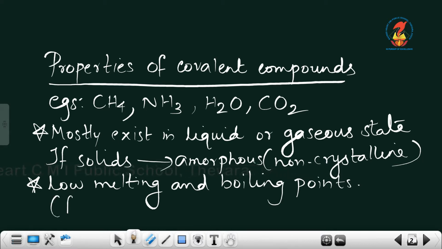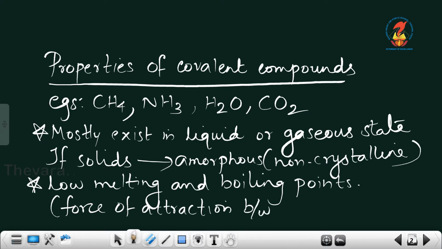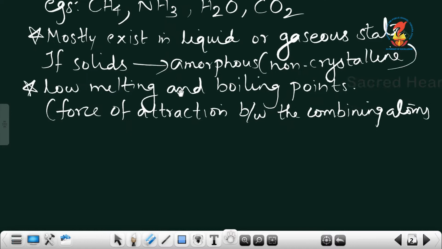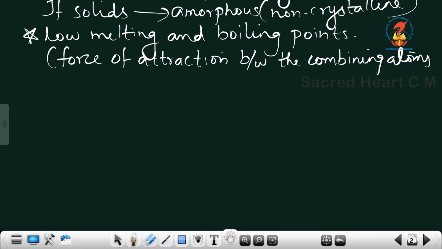The reason is that the force of attraction between the combining atoms is weak.